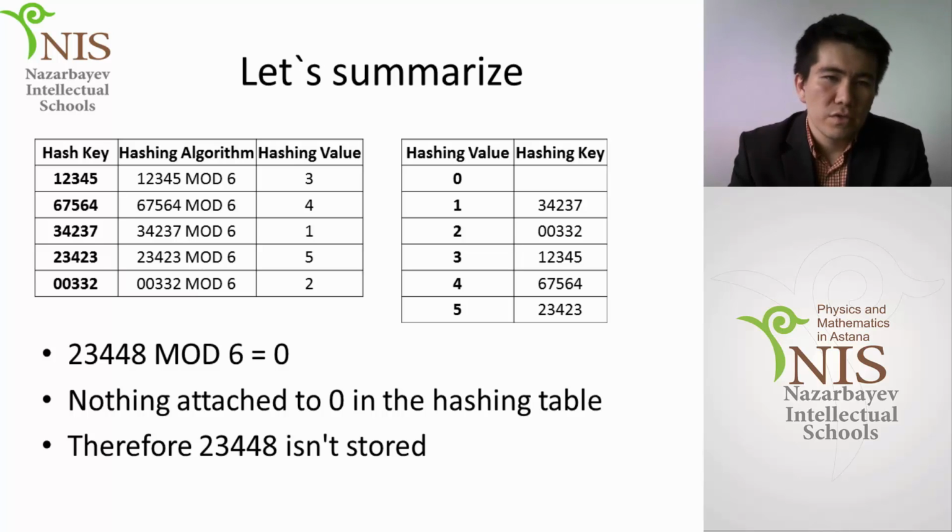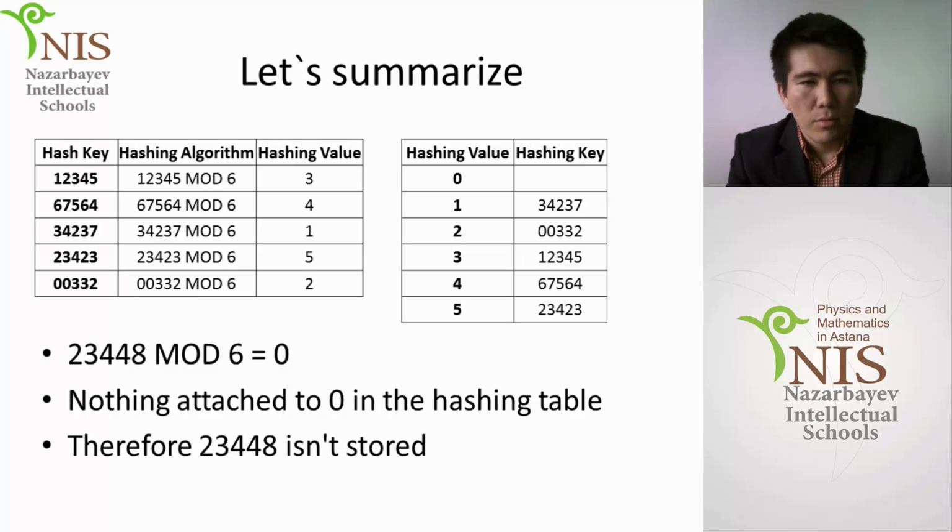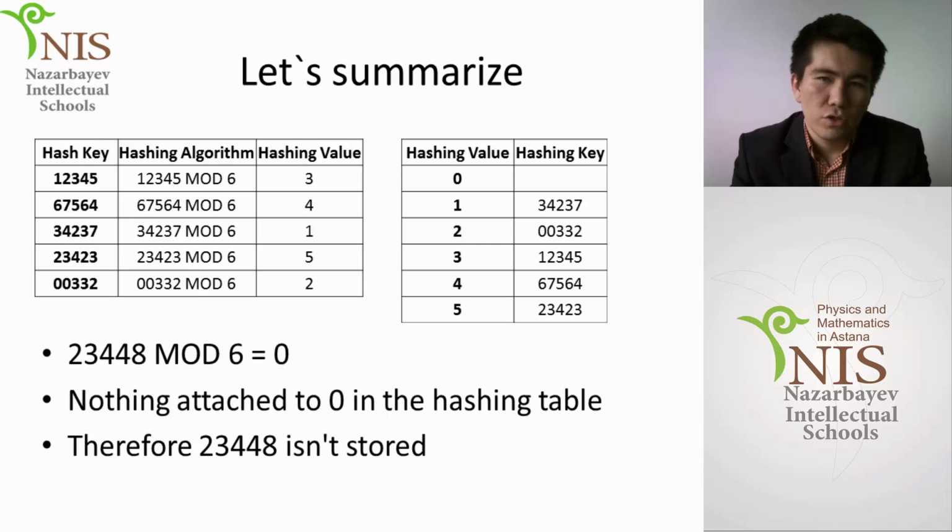This approach saves our time. So, as you can see, 23,448 mod 6 equals remainder 0. So nothing is attached to 0 in the hashing table. Therefore, that means that 23,448 isn't stored.